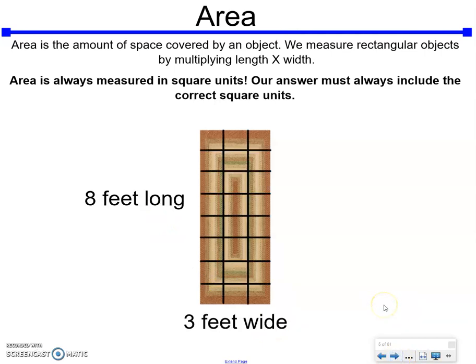When we say that this rug is 3 feet wide and 8 feet long, we mean that it is 1, 2, 3 units wide on this side and 1, 2, 3, 4, 5, 6, 7, 8 units long on this side. On this picture, you can actually see each unit and you can see how it's 3 feet wide and 8 feet long.